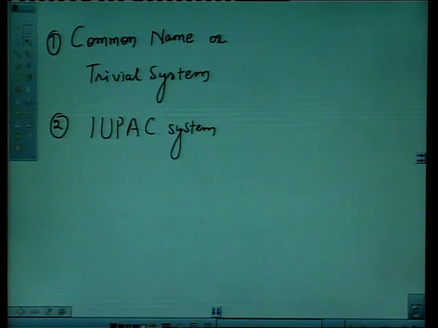So, first one is common name or trivial system, and next is the IUPAC system.